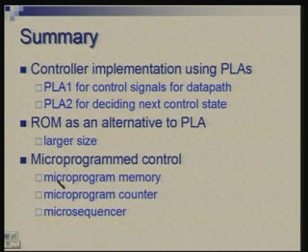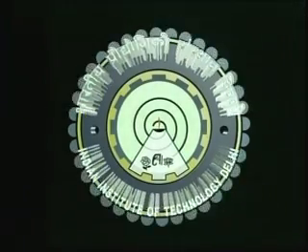And thirdly, we looked at the microprogrammed approach to control, where the three main things are: there is a microprogram memory which contains so-called micro instructions, there is a microprogram counter which drives this memory, and there is a micro sequencer which determines the contents of the microprogram counter. I'll stop with this. Thank you.